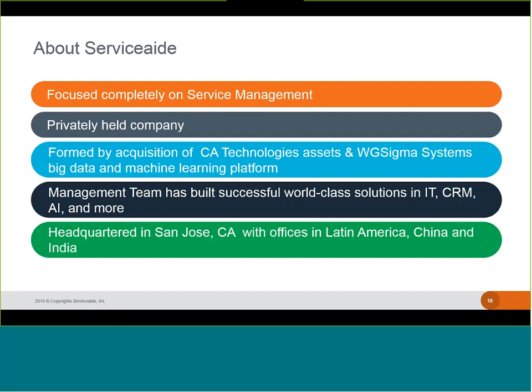If you imagine DirecTV, if they can use AI to automate the thousands and thousands of customer service requests they get every single day and have tens of thousands of agents, you can imagine that's a massive improvement to the bottom line. There was just a bigger need to drive down costs at that level, so that's why AI started there. And now the opportunity they saw was saying, well, wow, why aren't we using AI in service management? So that's why the company was formed. We're headquartered in San Jose, California, and have offices around the globe.